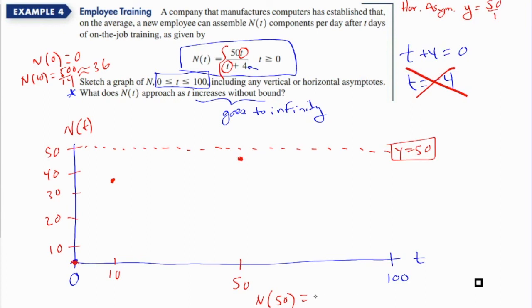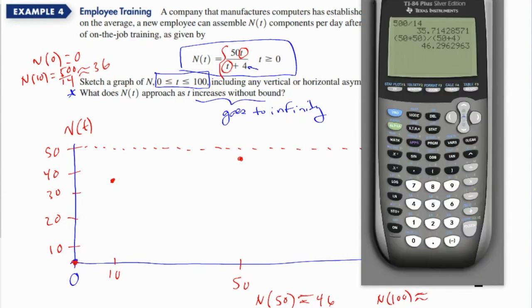And let's look at n of 100. So I'm using parentheses to keep everything in the numerator. And then I divide and use parentheses to keep everything in the denominator. So 50 times 100 over 100 plus 4 gives us about 48.